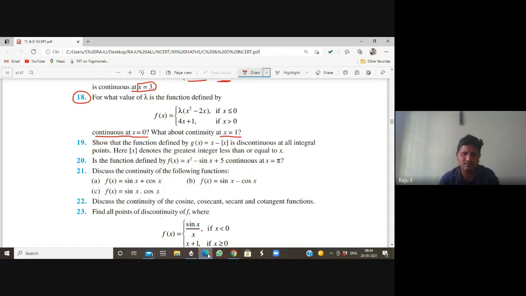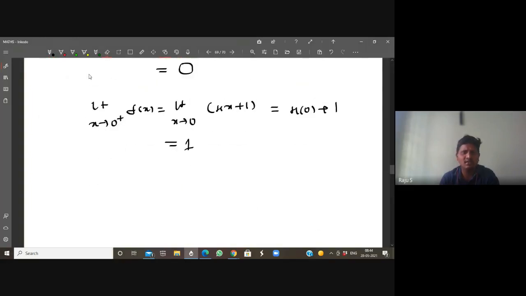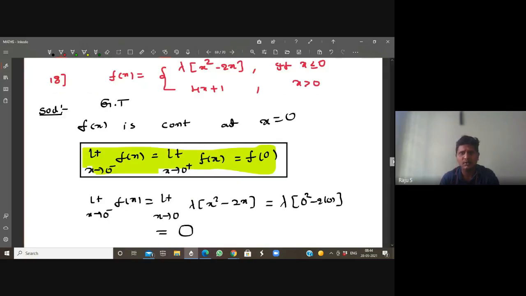Is the given function continuous at x equal to 0 for what value of lambda? Then look here. Here we got left hand continuity is 0, right hand continuity is 1. Is LHC equal to RHC? Is 0 equal to 1? No, sir. So therefore LHC is not equal to RHC. Okay, so we should not take this condition.